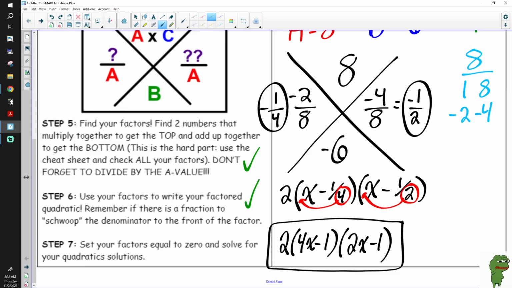To find our solutions, our zeros, there is an official way to do it. The official way would be to set both of these equal to 0 and solve them, but there's a very quick way. As long as you write down and give yourself a note next to step 7, I need you to write down, flip the sign of your factors.